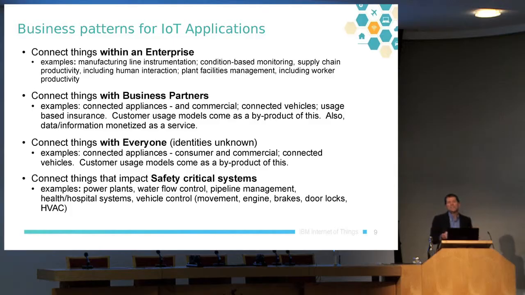There's another business pattern, if you will, that I call connecting things with business partners. This is where a couple of companies want to get together and share information about what's going on for each other's benefit. Or one organization has been collecting information for a while about how their devices are being used, and they realize that information is worth something to their friend.